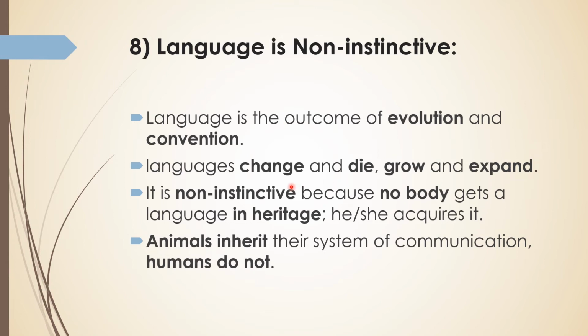For example, the Bangla language, used by the Bangladeshi and Bengali people, has changed from a remote version of another language. So it actually changes, and the previous forms die, and the present form grows and expands.